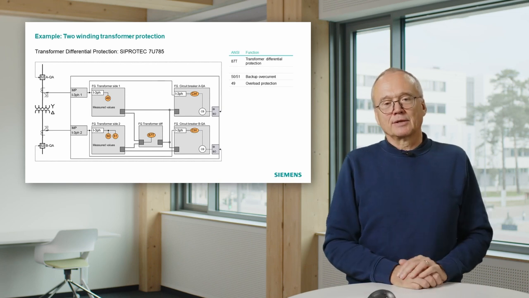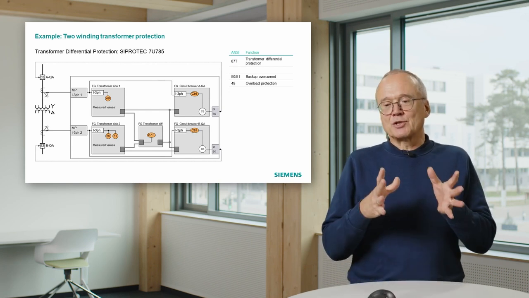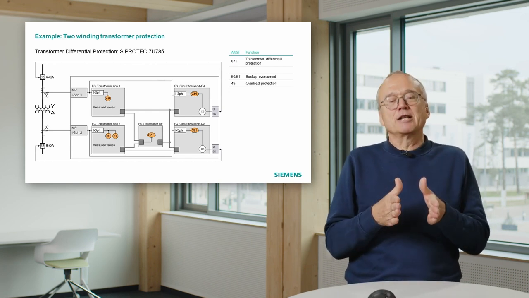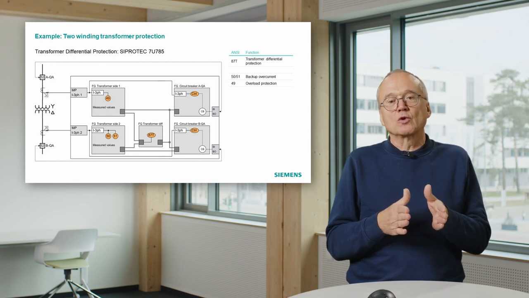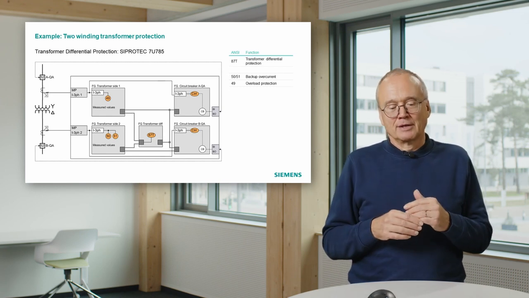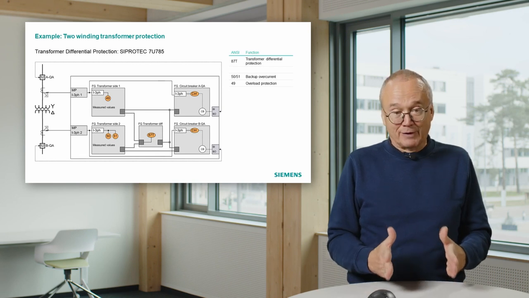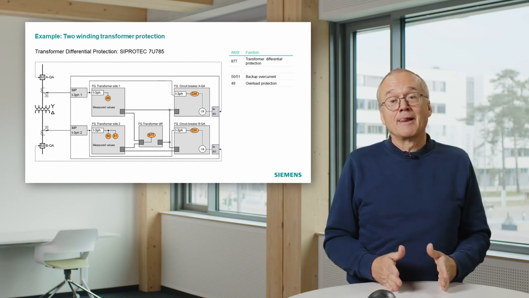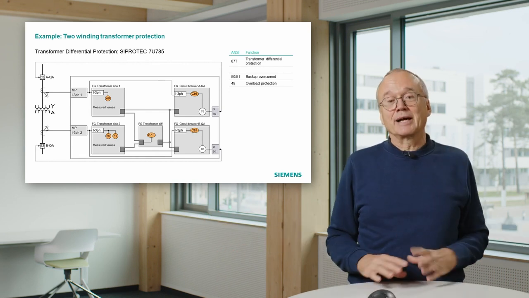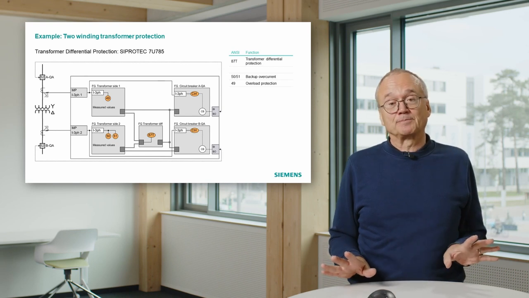Here the differential protection itself is not able to do a remote backup. Differential protection only looks at its own device, in this case the transformer, and whatever happens outside, it will not react on that.